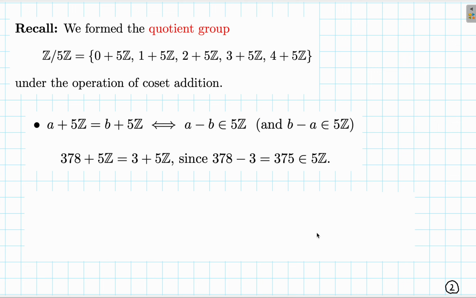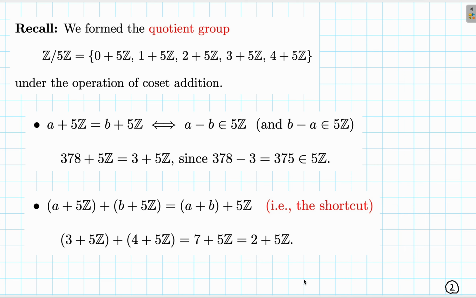Now let's talk about how we add cosets. Note that we're adding these cosets here as opposed to multiplying them because the group operation of Z is addition. Now recall that coset addition was a tedious process where we had to add every element of one coset to every element of the other coset. But fortunately, we found a shortcut where we can simply add the coset representatives.